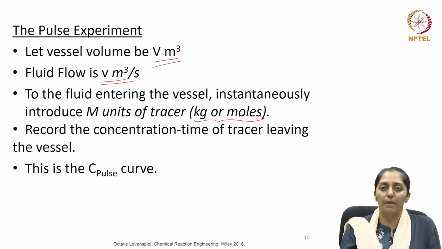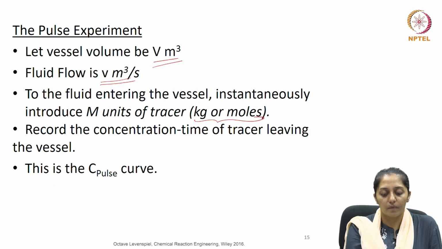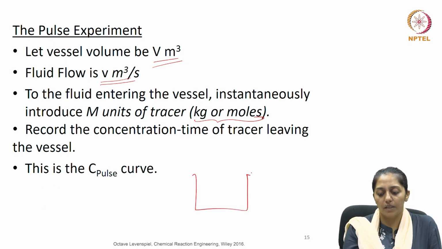So this is a pulse experiment. Suddenly we introduce m units into the entering fluid, and at the same time we begin recording the concentration versus time profile of the tracer leaving the vessel on the other end.